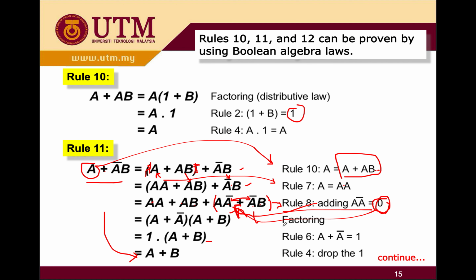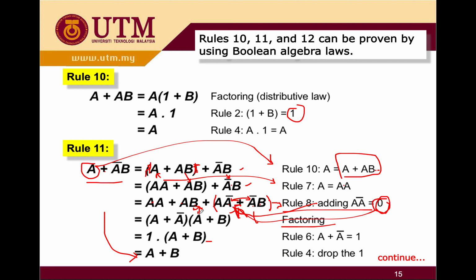So then you will have the factoring process. This is the mathematic equation. You need to factorize it, and then you get a plus a bar, and then a plus b, similar to this one.